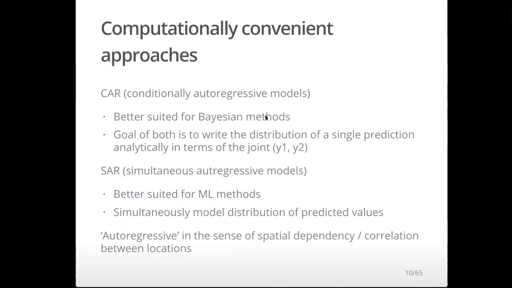CAR stands for conditionally autoregressive models, and SAR stands for simultaneous autoregressive models. There's a typo there, sorry. The goal of both of these is essentially to develop a model that will make predictions for a set of points given the neighboring data. We'll go through some examples for each of these.